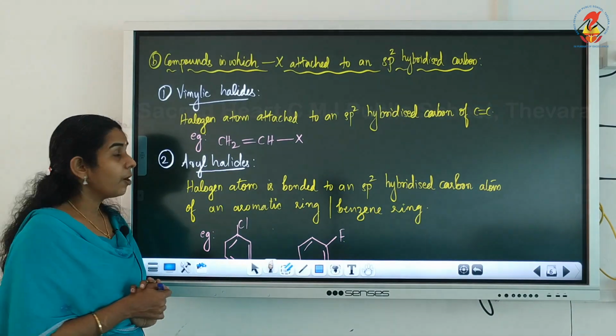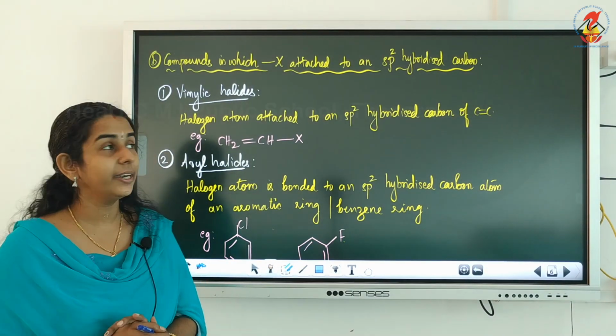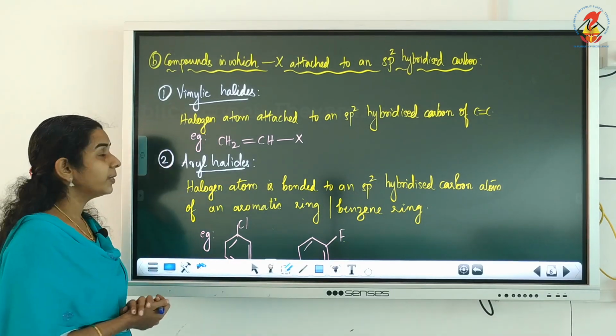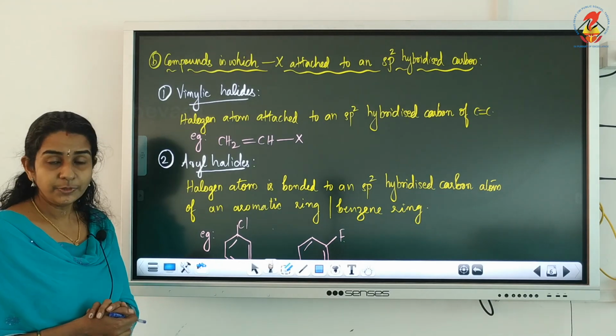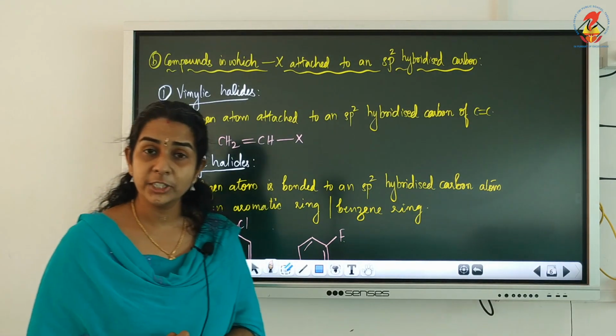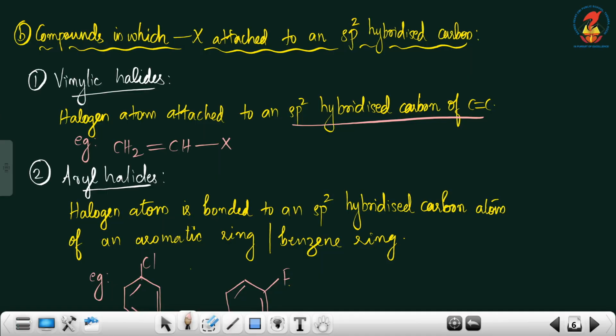Now, the compounds in which X is attached to sp2 hybridized carbons. First one is vinylic halide. So here X will be attached to an sp2 hybridized carbon of a carbon-carbon double bond. For example, here X is attached to, as we know, this is sigma, pi, sigma.